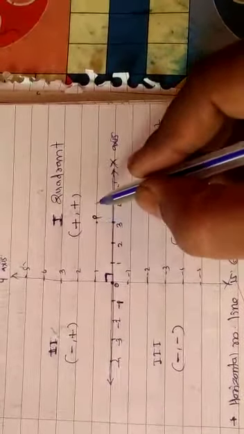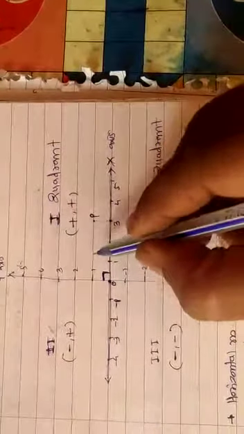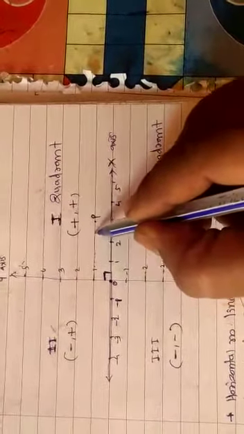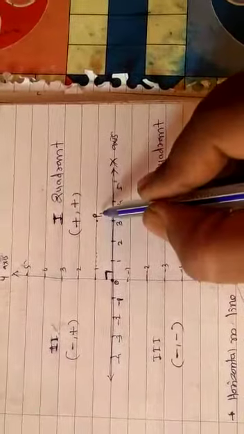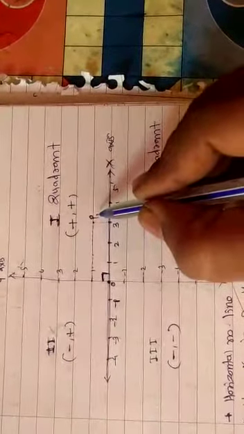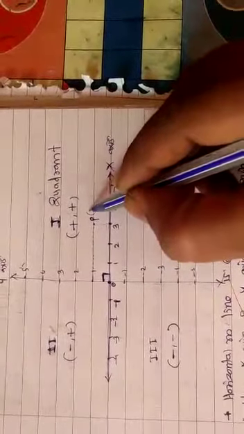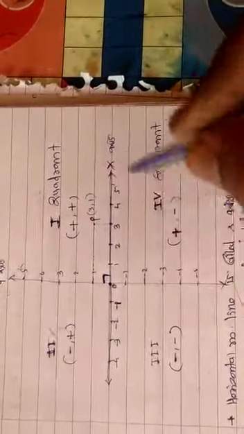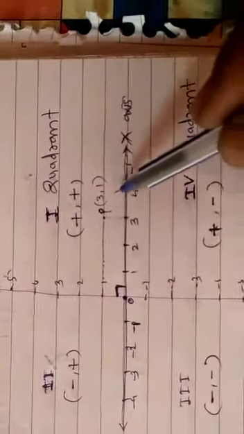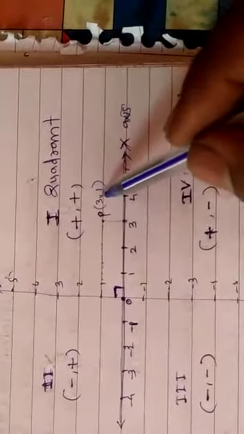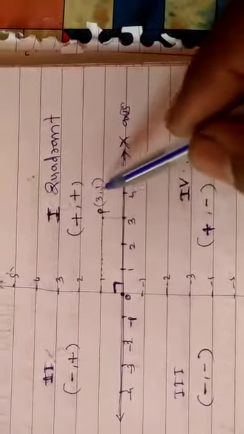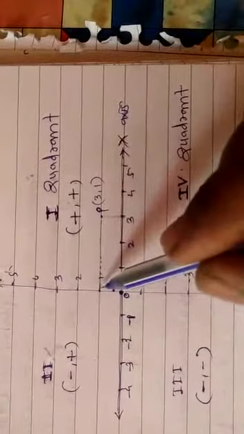And next you consider the y-coordinate. So the y-coordinate is 1. Therefore the coordinate of point P is 3, 1. 3 is the x-coordinate, 1 is the y-coordinate.